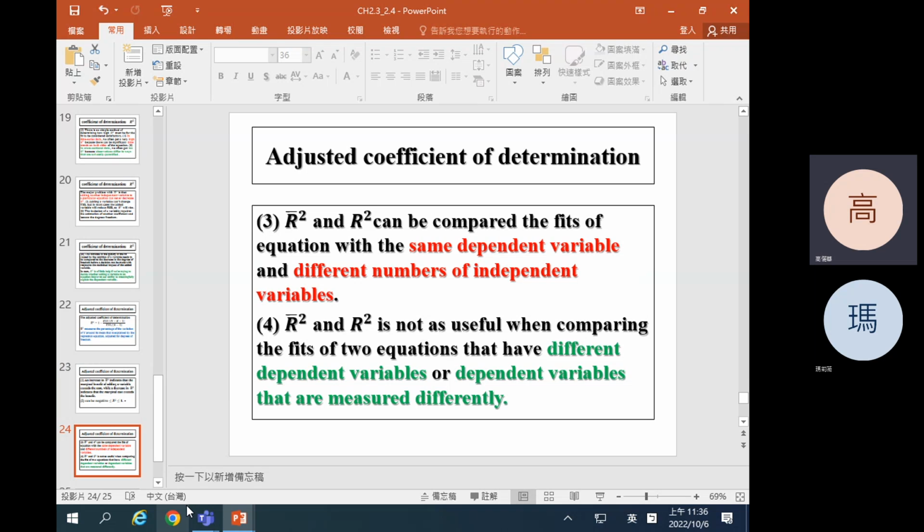By the definition, we know that the higher R squared, the better. So if we compare these two models with the same y variable but different x variables, the one with the higher adjusted R squared is better. You know what I'm saying? So when you compare two models, the y variable should be the same. What do we mean by the y variable being the same?